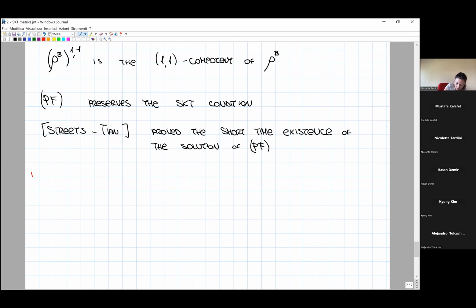In particular, notice that if omega 0 is Kähler, so if your starting metric is Kähler, then actually this omega t is the unique solution to the Kähler-Ricci flow.